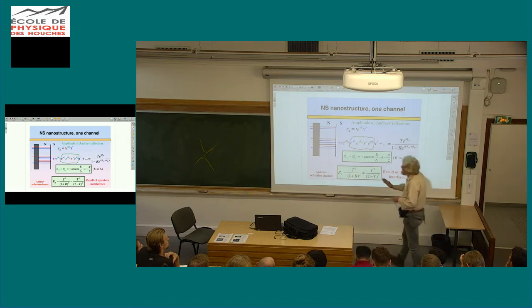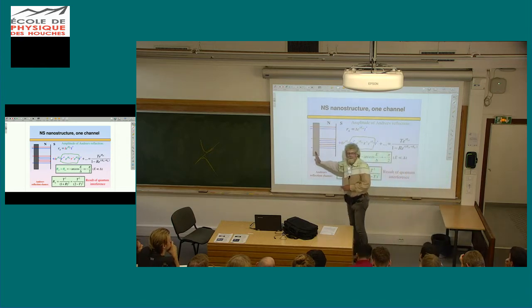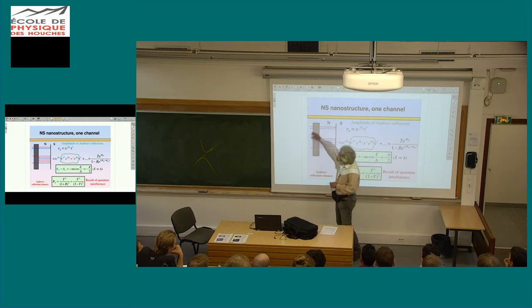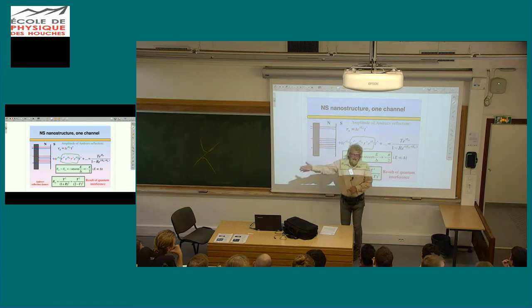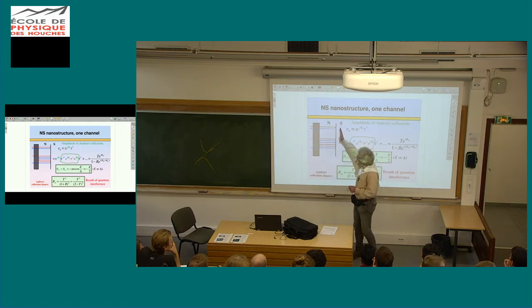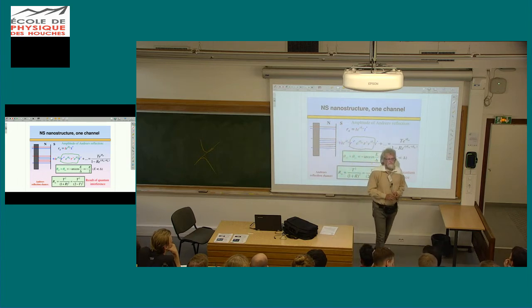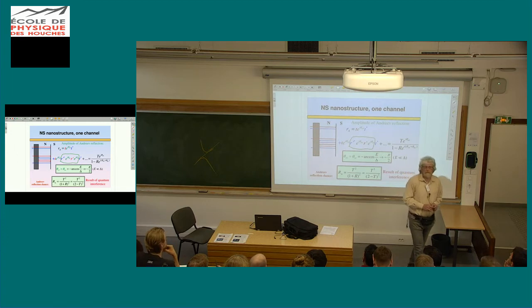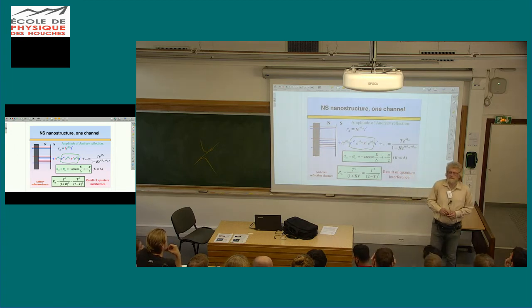But it's an interface which might reflect electrons with a certain chance. So I model this interface with a scattering matrix which has transmission probability and reflection probability. And then I have an ideal Andreev interface. Does this answer your question?